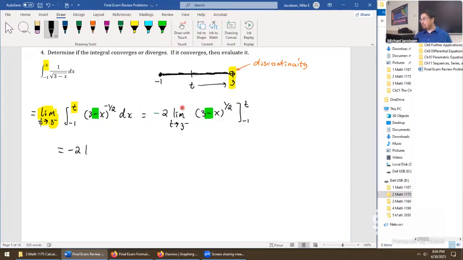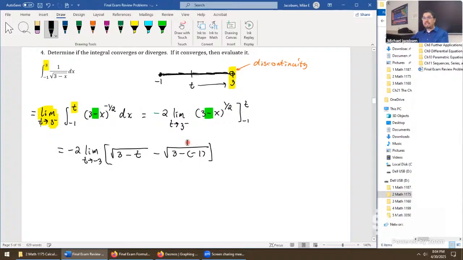So write in -2, limit, t goes to 3. This is the neglected step right here, which made the computation pretty hazy and confusing on the exam. I'm just going to convert this to a square root, throw in the upper limit t. So root 3 minus t minus, throw -1 inside here, root 3 minus -1.